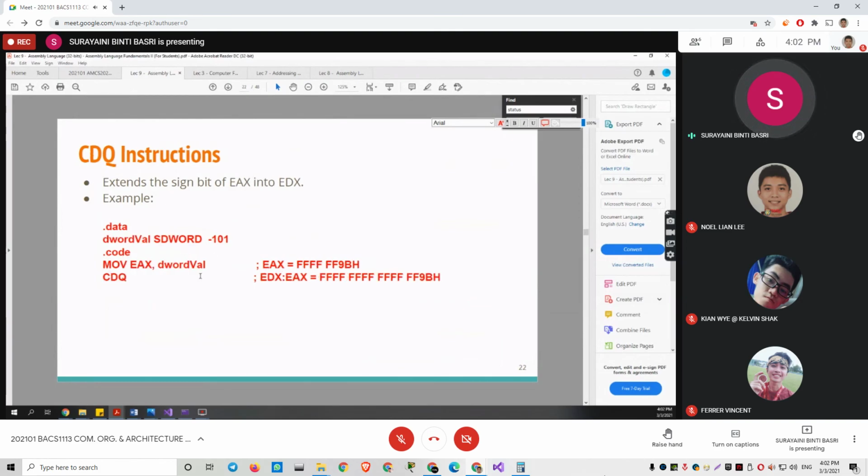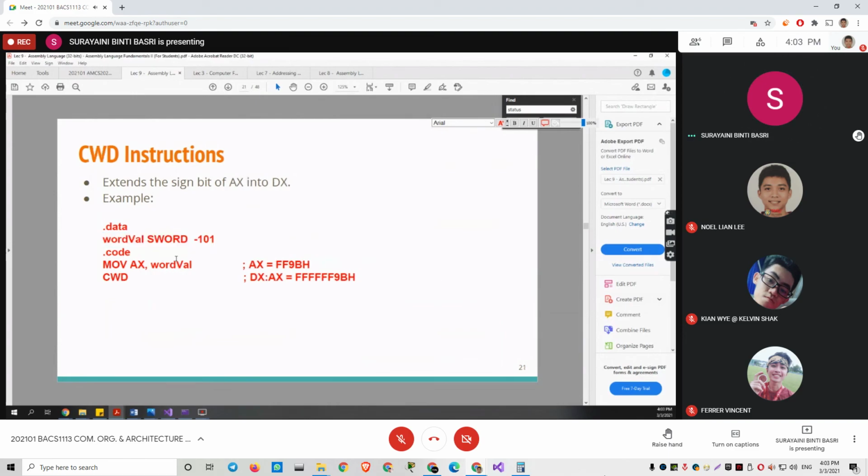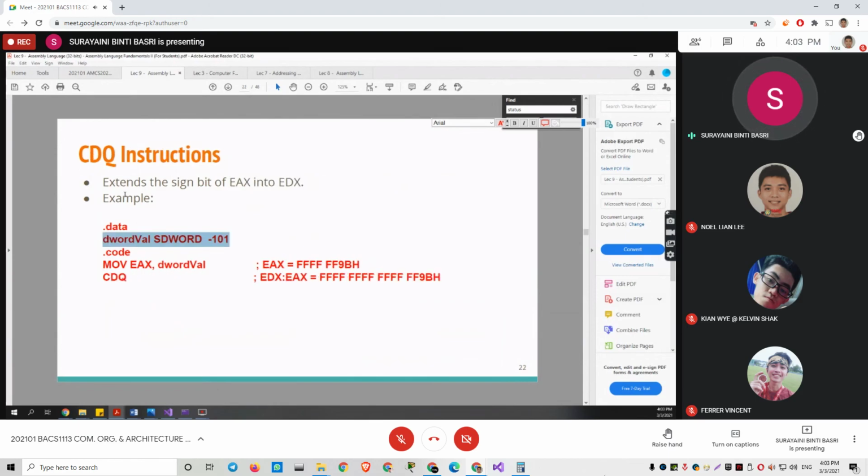The same with CDQ. The most important thing here is the concept is the same: CBW, CWD, and then CDQ.